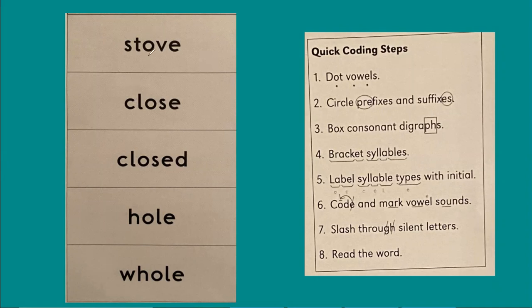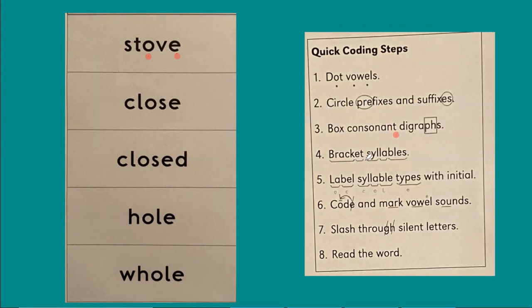So we have the O and the E. We might need to see a little darker. O and E. And then the next thing, circle prefixes or suffixes. There are not any in this word. So then we box consonant digraphs. Do not see any in this word either.